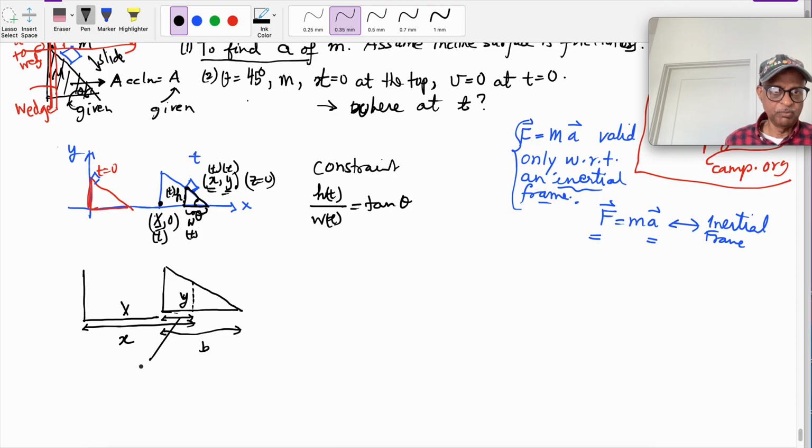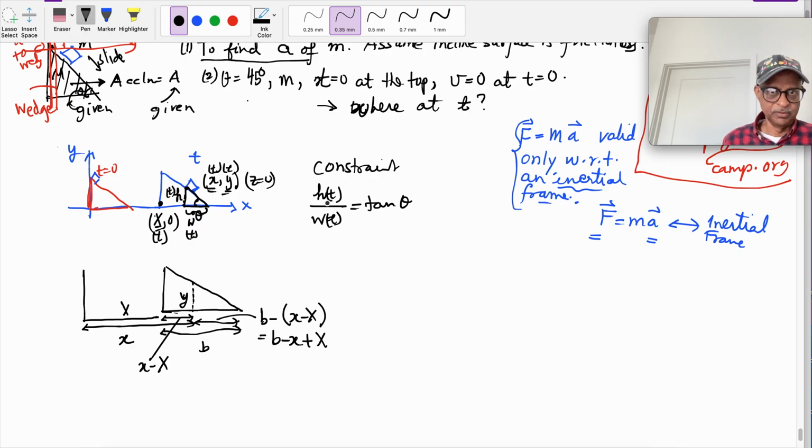So this little part will be little x minus big X. And so this part, which we are calling the width, is B minus little x minus big X, which is B minus little x plus big X.